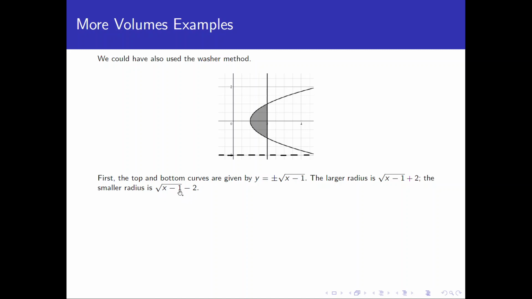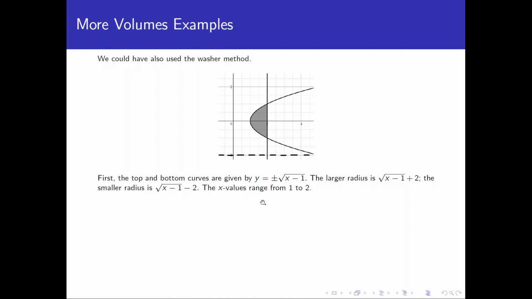So these signs are off. Good news is it won't matter, because the bottom bounding curve here is negative root x minus 1, and we're going to subtract -2, so it should be the negative of square root of x minus 1 plus 2 here. But again, remember how we do the volumes of washers. The fact that I've got the wrong signs here on both terms won't make any difference, because when you square it, it'll come out in the wash. All right.